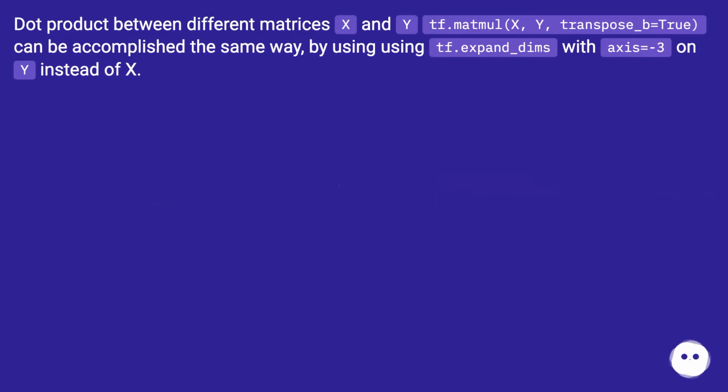The dot product between different matrices x and y, Tf.Matmul(x, y, transpose_b equals true), can be accomplished the same way, by using Tf.expand_dims with axis equals -3 on y instead of x.